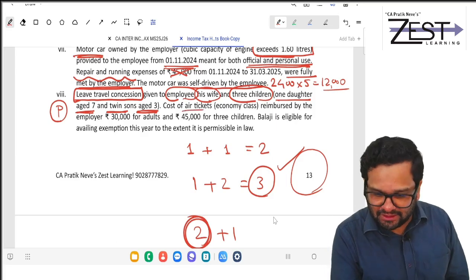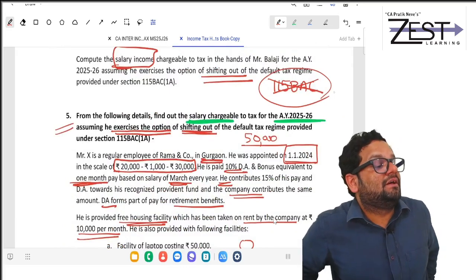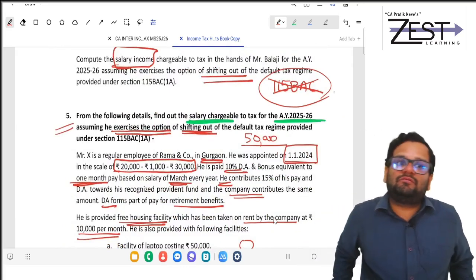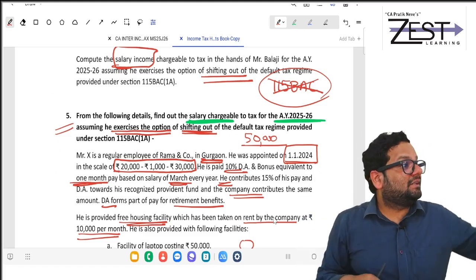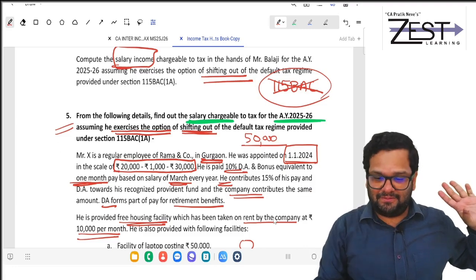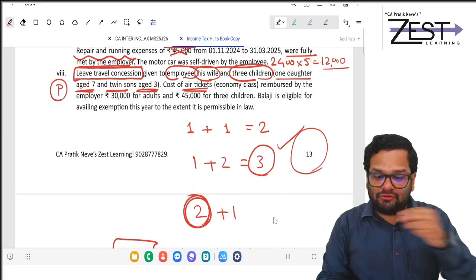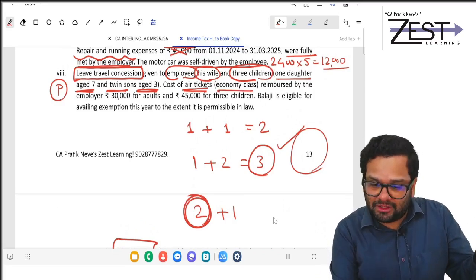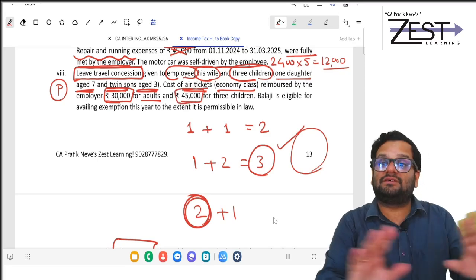Cost of air tickets. First of all, you are out of 115 BAC. Since you are out of 115 BAC, you are eligible for this exemption. Otherwise, entire amount will become taxable. You have got how much? Cost of air tickets, economy, reimbursed by employer is 30,000 for adults, 45,000 for 3 children.